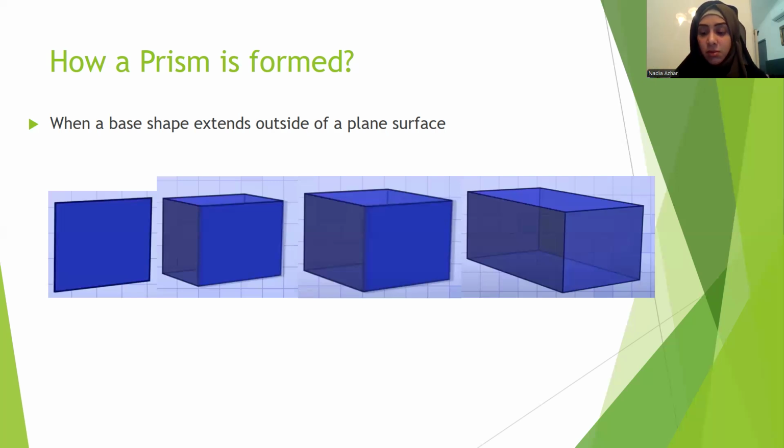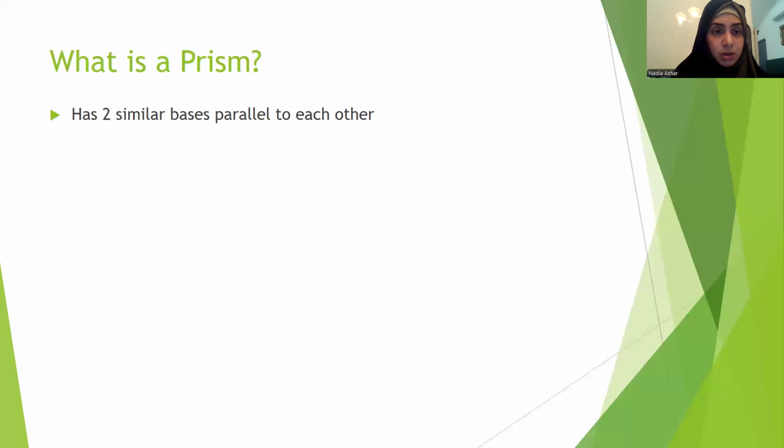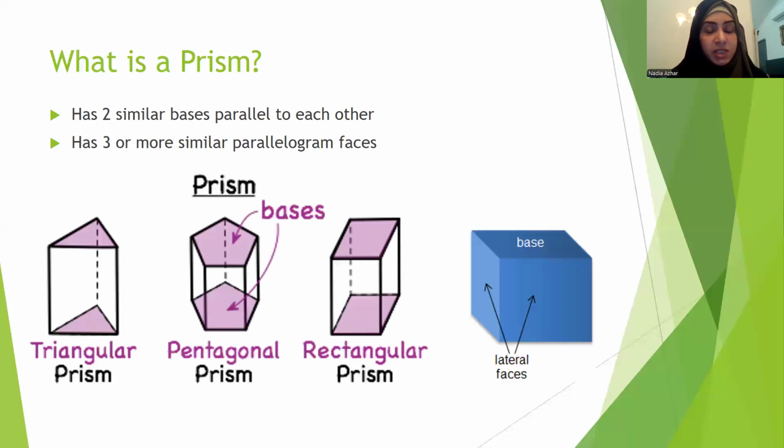Okay, now more explanation. You can see different shape prisms. So which shape is this? Square. This one, triangle. Triangle, good. This one, pentagon. This one, rectangle.